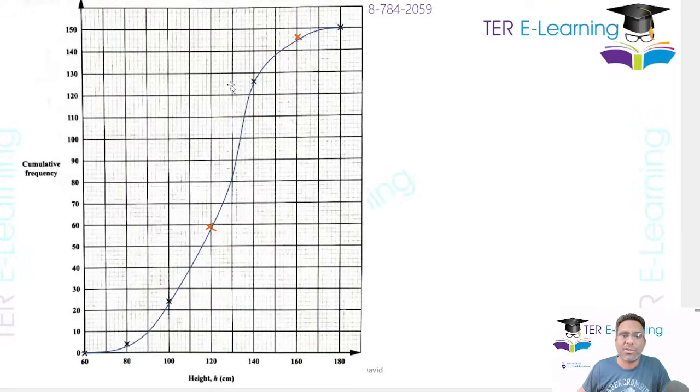So that's all you all need to do, draw a smooth curve through these points, as best as you can.